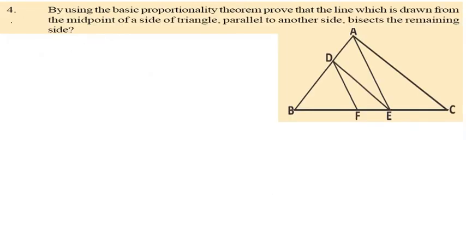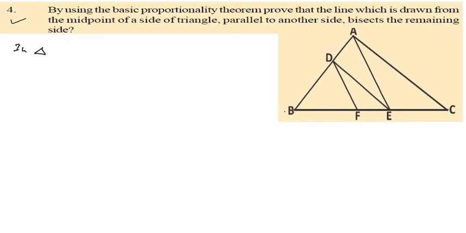Now come to this one, fourth question. By using the basic proportionality theorem, prove that the line which is drawn from the midpoint of a side of a triangle parallel to another side bisects the remaining side. So you can see in this figure, in triangle, which one?